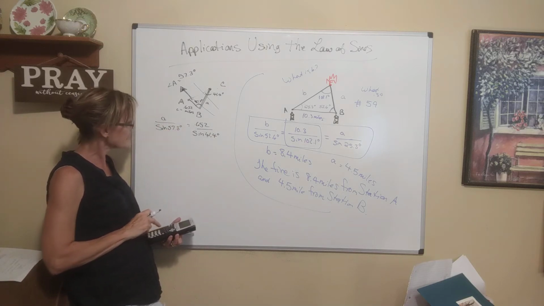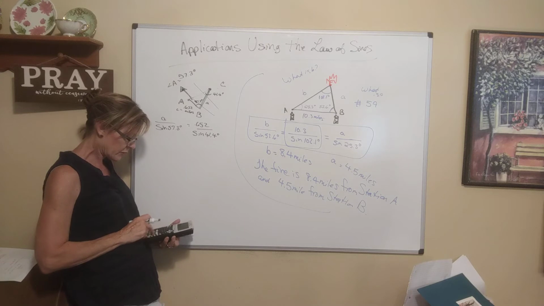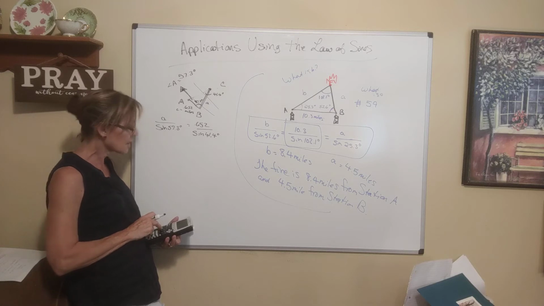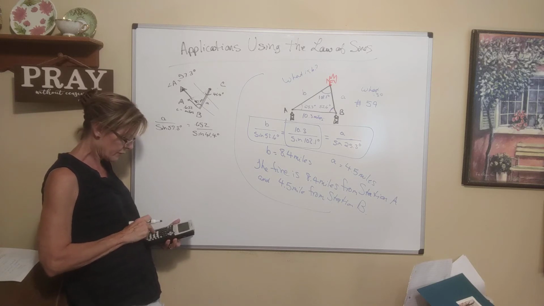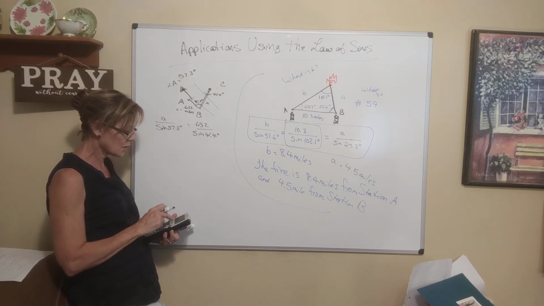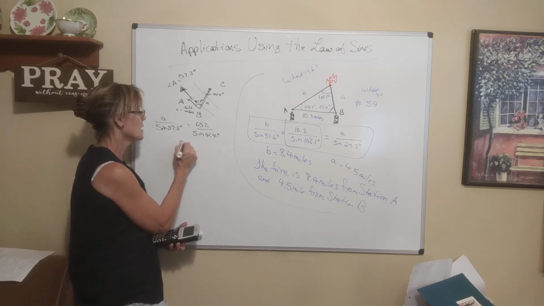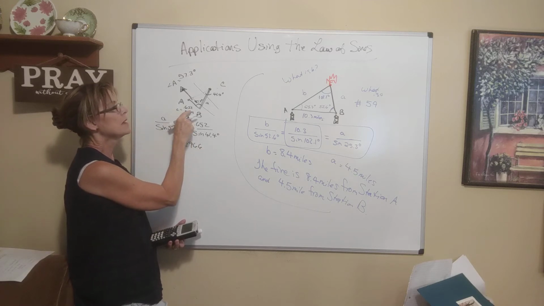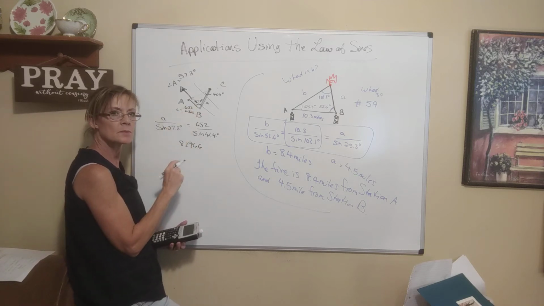We'll say the sine of 57.3 times 0.652 divided by the sine of 41.4 gives me 0.82966.